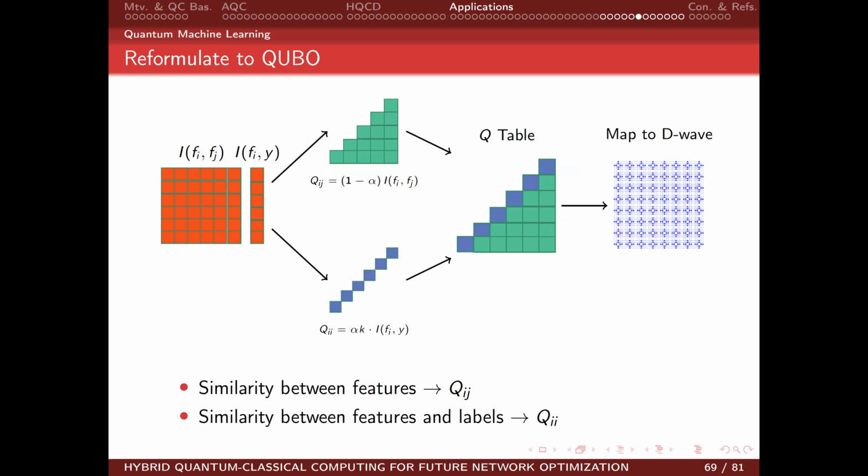In the transfer process, first we use the influence function I to represent the Q matrix in the QUBO model. Once we have this Q matrix, we can represent the Hamiltonian in the Ising model. Then we can send this Ising model to the D-Wave machine, which will map the Ising model to its own hardware.